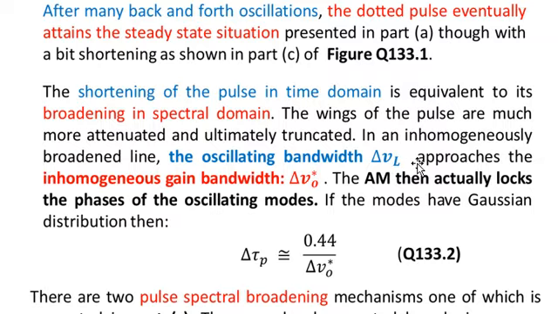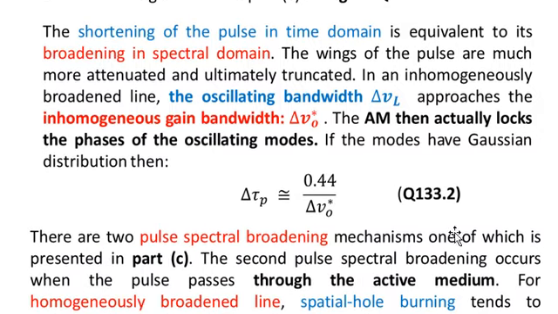Okay. Now we want to carry out the homogeneous and inhomogeneous discussion. So be careful and understand it with patience, because these things are slightly tricky. In an inhomogeneously broadened line, the oscillating bandwidth delta nu L, and you know that in our previous slide we have defined this delta nu L, that is delta nu L is equal to N times delta nu, where capital N is the number of longitudinal modes, and delta nu is the separation in frequency between two modes.